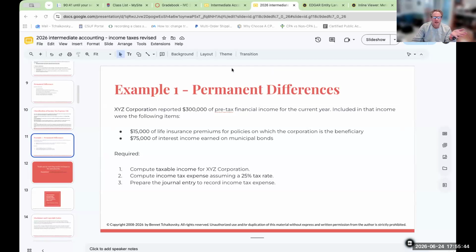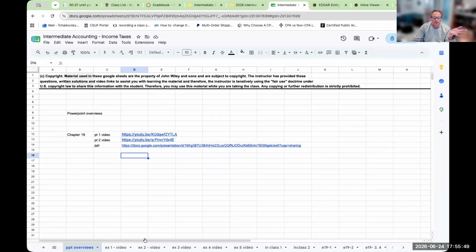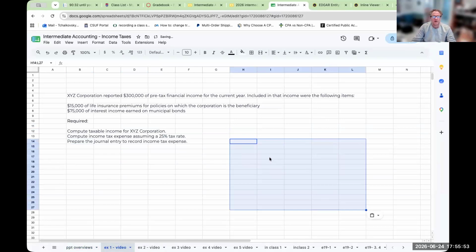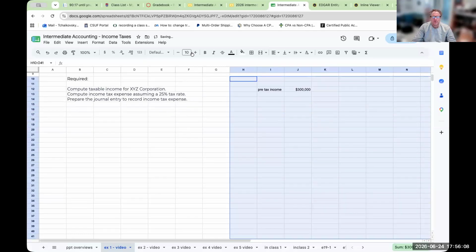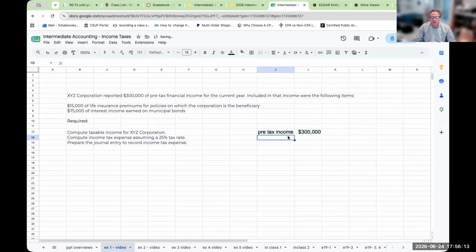So let's go ahead and put this into our sheet. Right over here, we've got XYZ, and the first thing we need to say to ourselves is that pre-tax income was $300,000. And right over here, we've got this included.